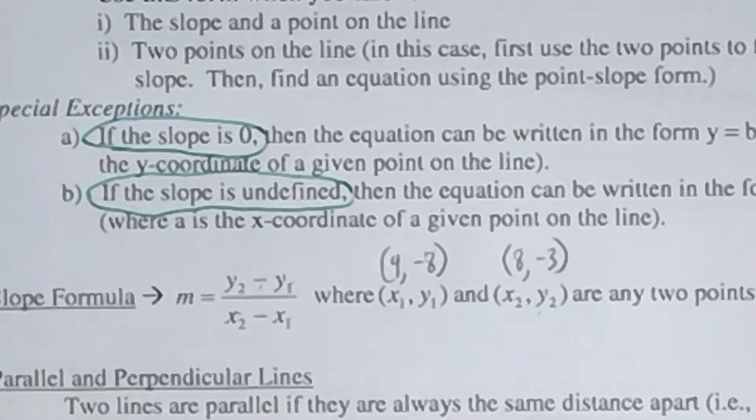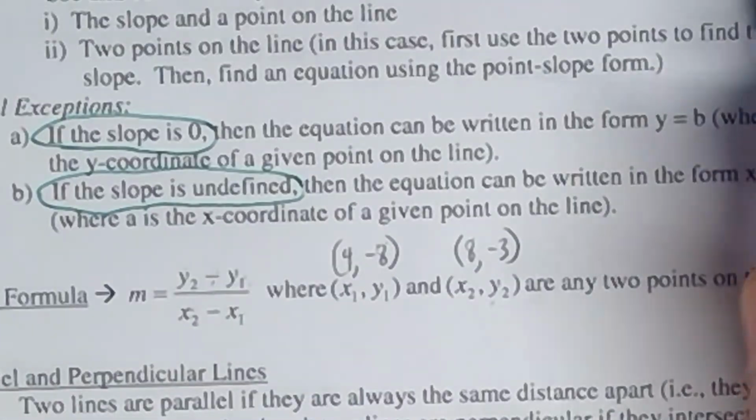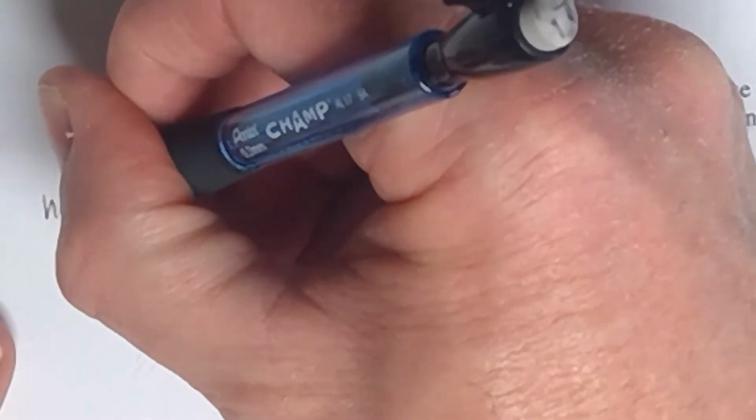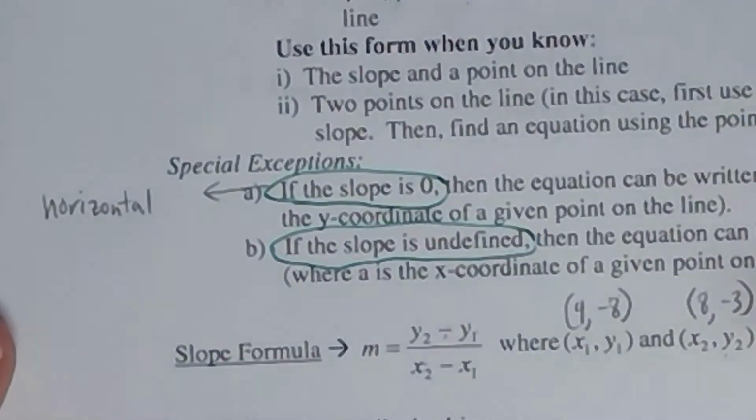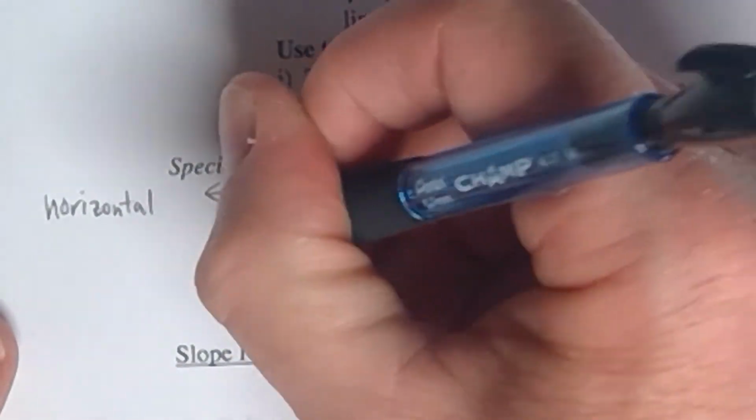Right there. Okay, what does that mean? It tells you how to write the equation, but let me tell you what it means first of all in terms of the graph. If it's 0, that means that the graph is automatically horizontal. If it is undefined, that means the graph is vertical.